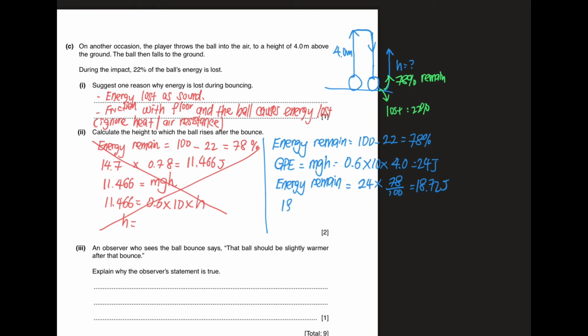So you use 18.72 joule and apply mgh again. 18.72 equals 0.6 times 10 times height, and then to get the height, divide by 0.6, divide by 10, then we get 3.12 meter. This is the answer given. So this one is the correct answer then.